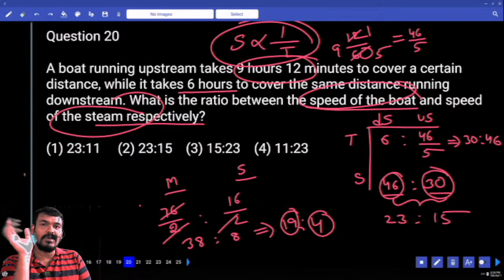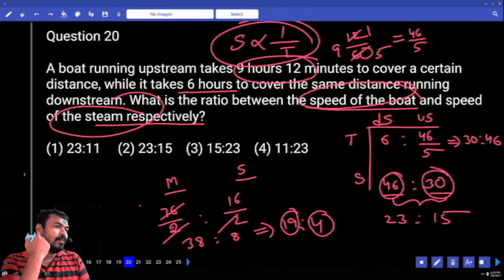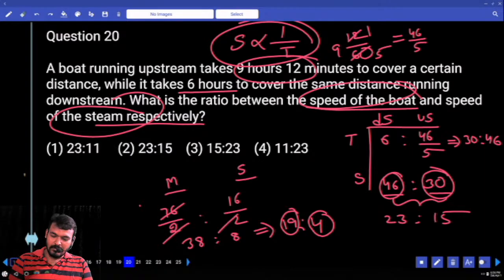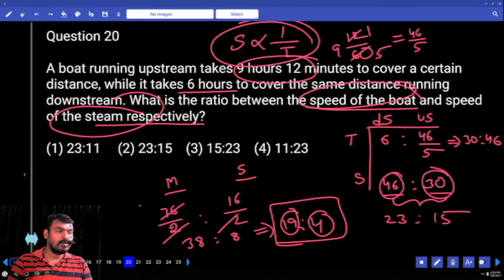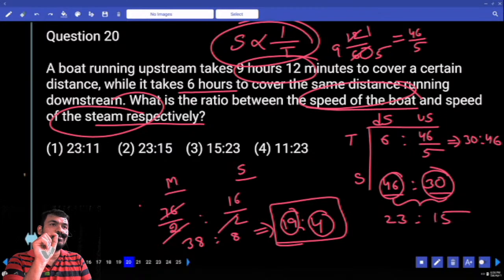The question is M to S relation, but options are given for downstream and upstream speeds ratio. What is the actual answer? 19:4. If the question is downstream speed to upstream speed, what is the answer? 23:15.